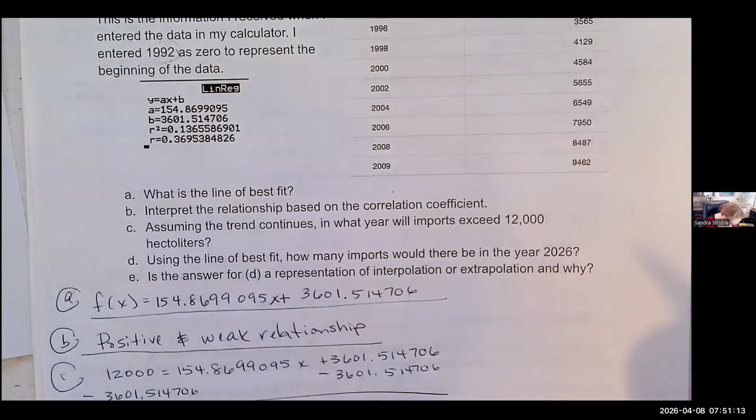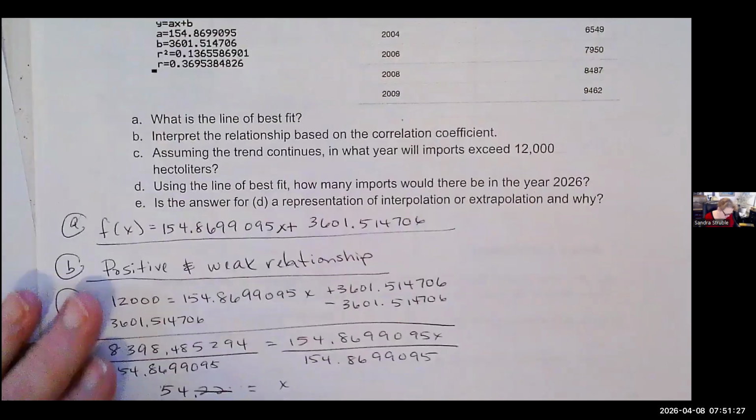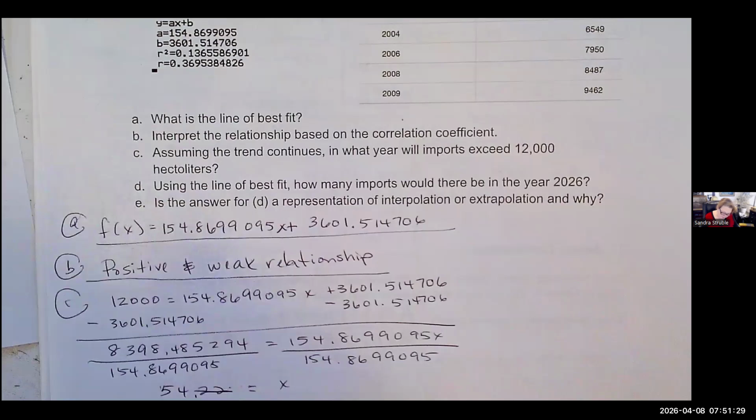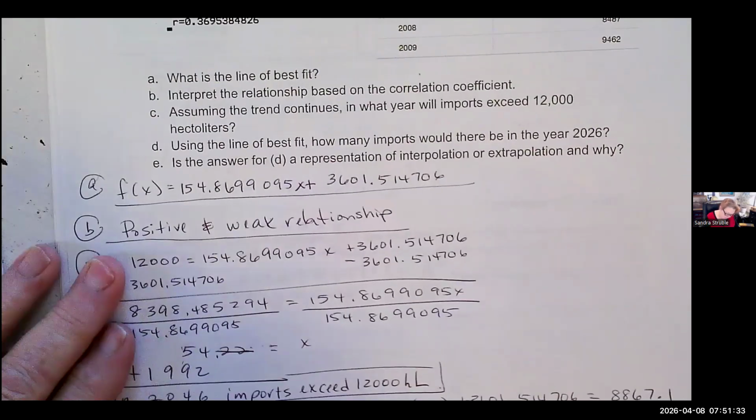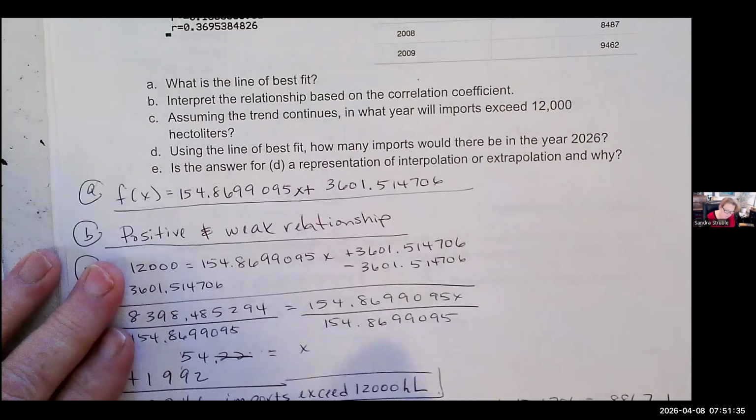So because of that, that doesn't make sense. My numbers must be wrong. Okay, I can't fix this right now. I'm sorry, I do not have my calculator. Okay, we'll deal with this in class. So right now, off the top of my head, it's going to be extrapolation because it's in 2026. It's not even inside the domain.